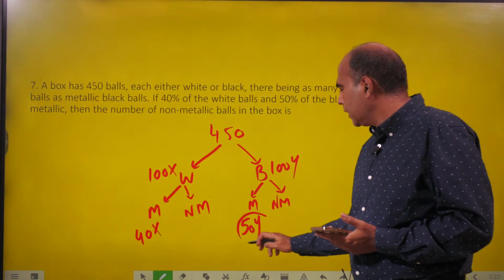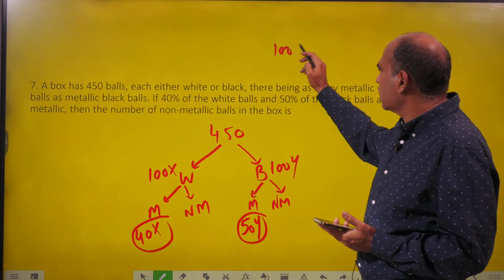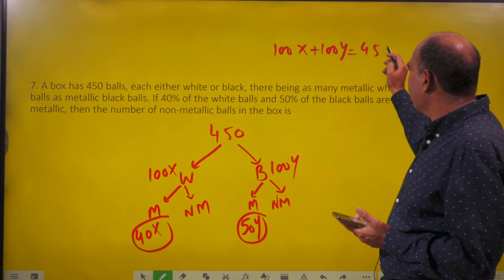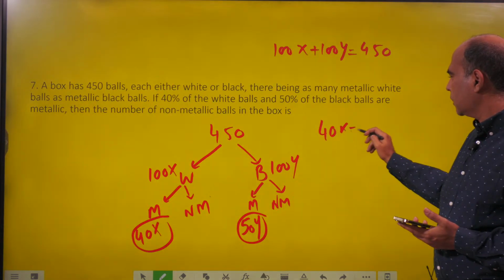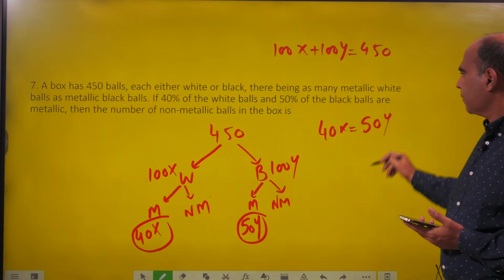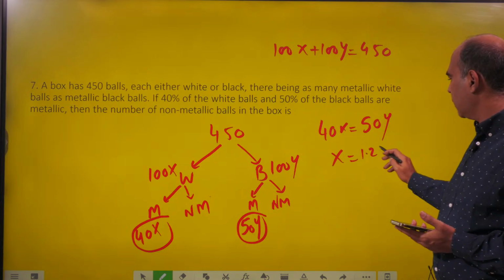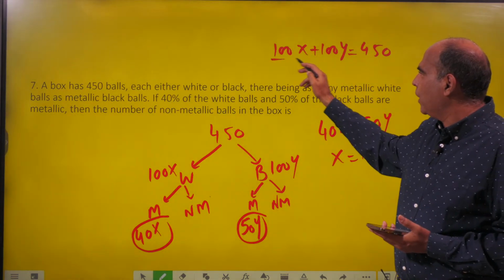And they have already told me that these two are equal. So I have a situation where 100X plus 100Y is equal to 450. And I also have a situation which tells me that 40X is equal to 50Y. So I can get the relationship that X is equal to 1.25Y. So if X is equal to 1.25Y, this will become 125Y.